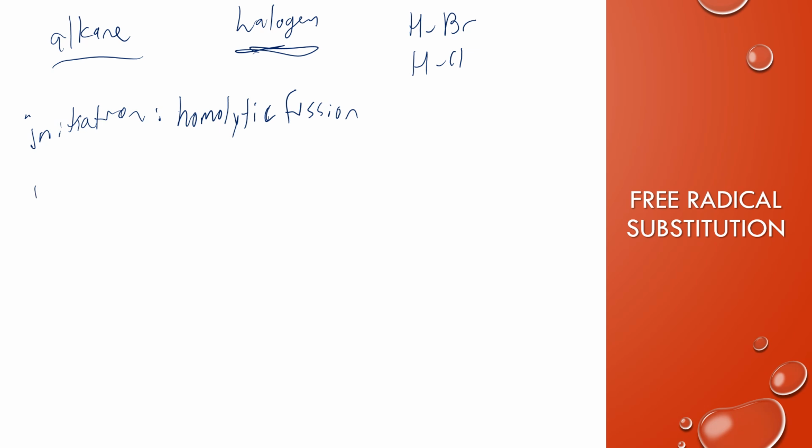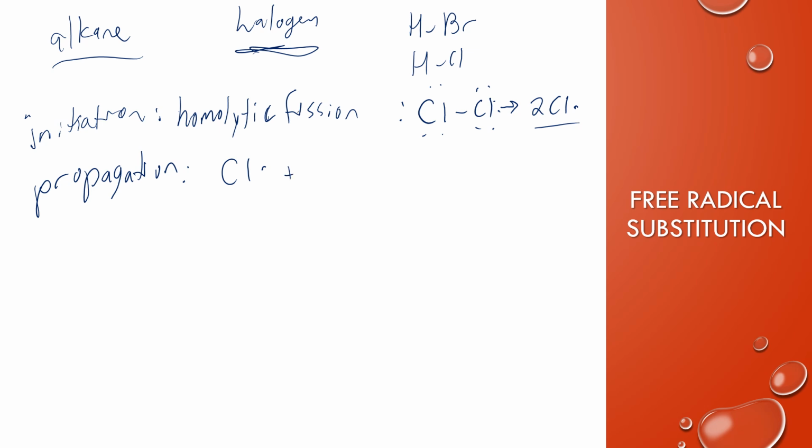The second step in the process is called propagation. So let me start with an example here. If I have chlorine forming two chlorine radicals, like that, propagation is where one of the free radicals reacts with the alkane. Let's say we're doing ethane, C2H6.